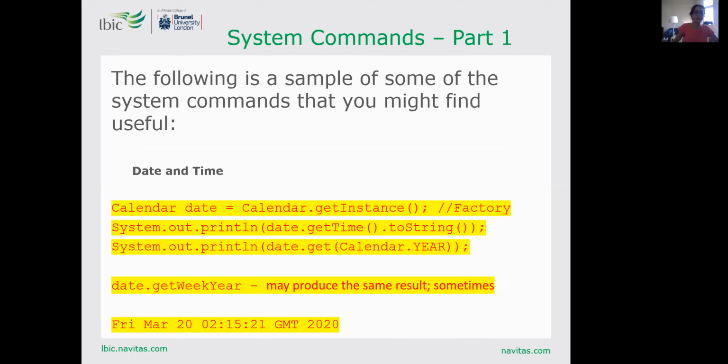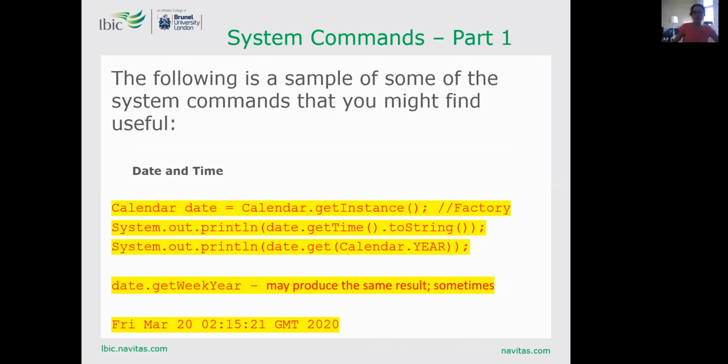So here is Calendar.getInstance. getInstance is one of the methods inside Calendar that you are calling to be able to assign a value to date. Next, you are printing some methods within date.